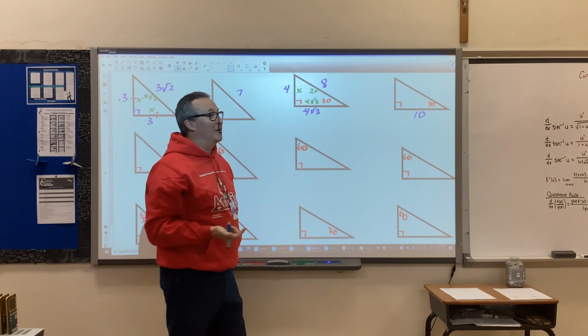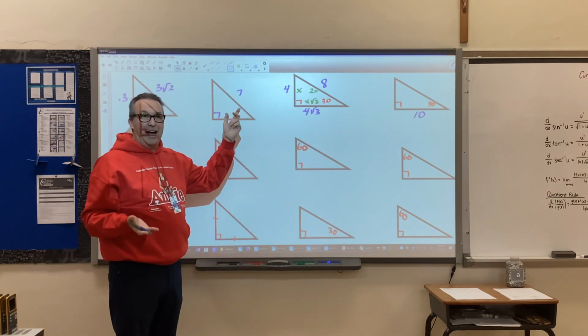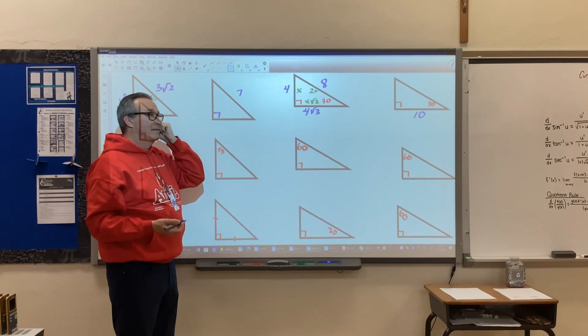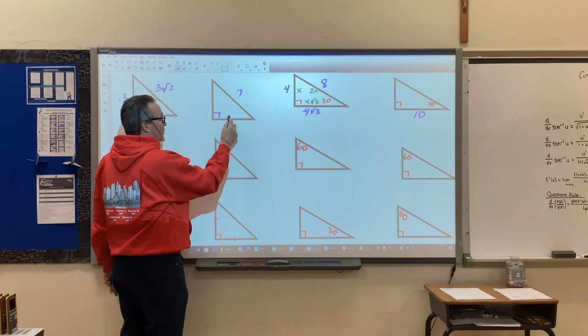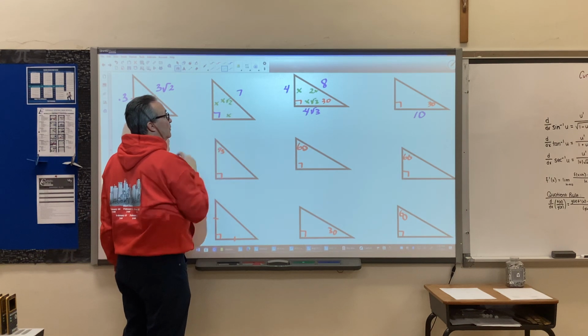But where things get difficult is when you get that extra line, like the radical line. Because the ratio of the 3 sides of a 45, 45, 90 degree triangle is x, x, x square root of 2.